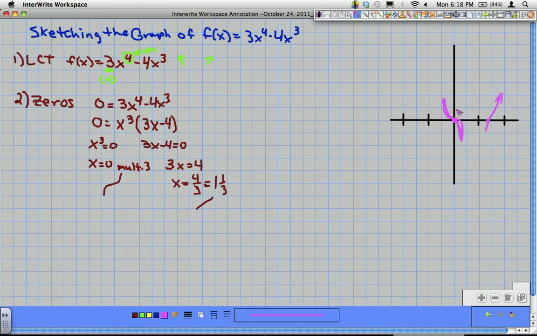So I'm going to end up with something similar to this. It's a little off, but curve back down and curve back up. So it's going to do something like that. Hopefully you'll be able to draw it a little bit neater than what I did, and this will be a little bit straighter on this side. How low does this go? And how steep is this and how steep is this?